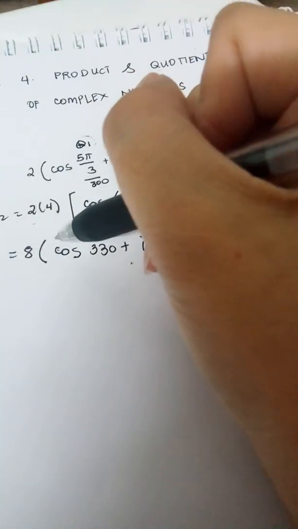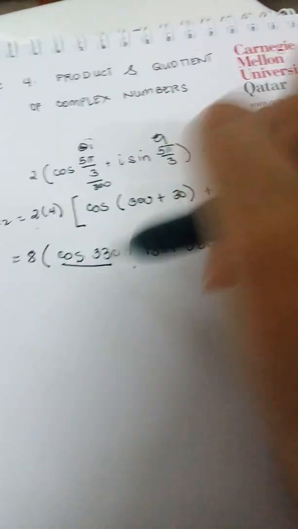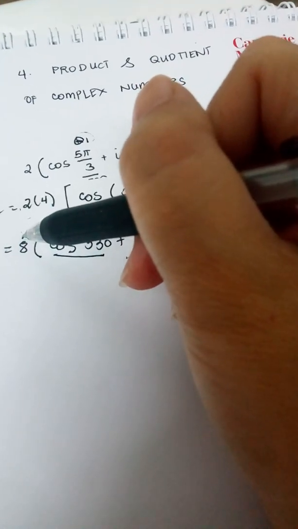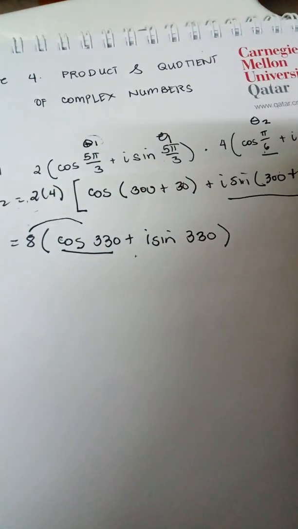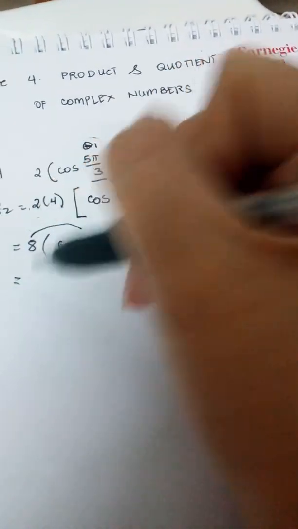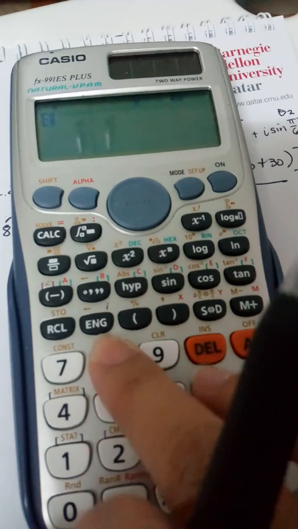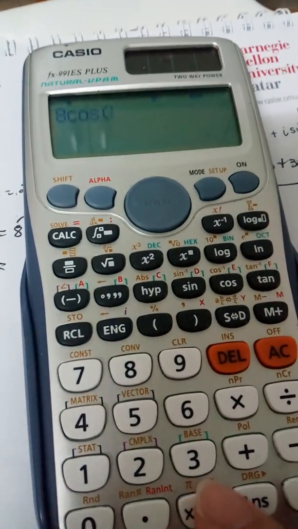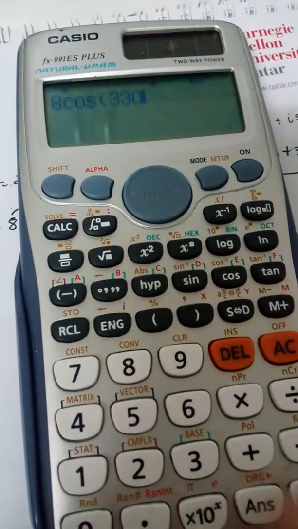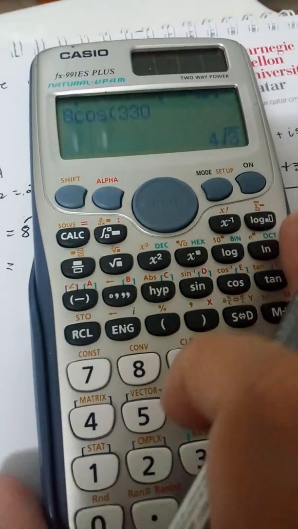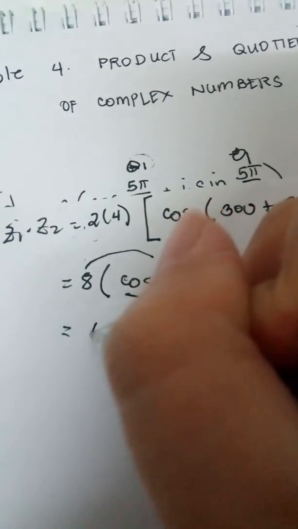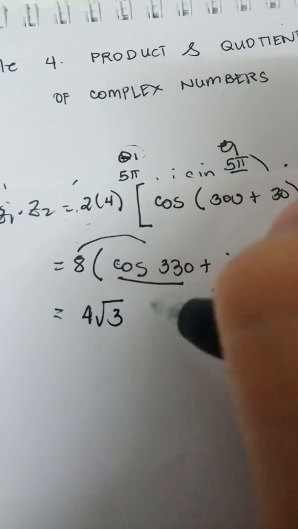Next, the distributive property, or if you want, it's better if you convert this first, or you can directly press it in your calculator: 8 times cosine of the angle. So let us directly press it. 8 cosine of the angle is equal to 4 square root of 3. So this is 4 square root of 3.